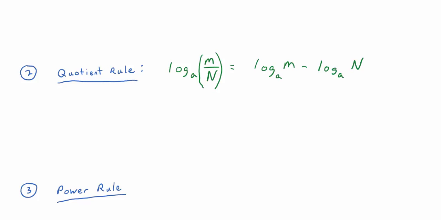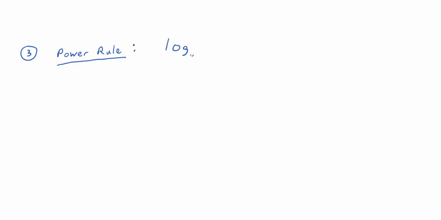You could prove that one in much the same way we proved the product rule. So I won't bother showing you a proof of that. And then probably the most important rule for solving exponential equations is the power rule, which says if you have log base a of m to, say, the c power.